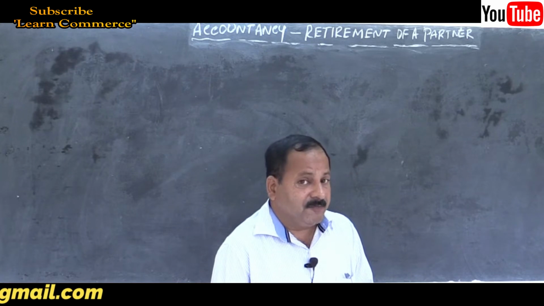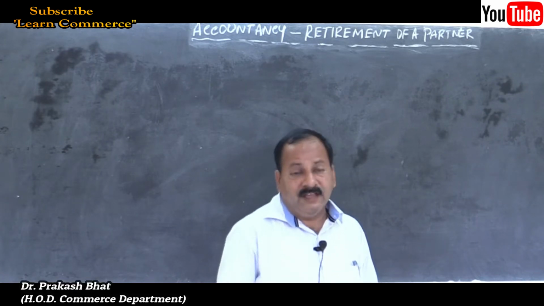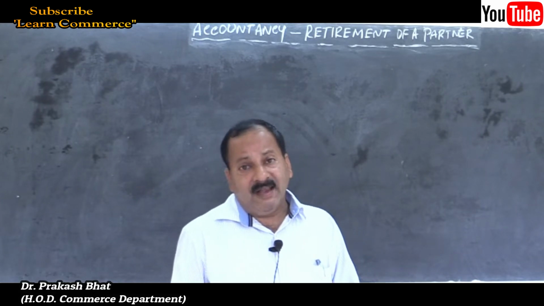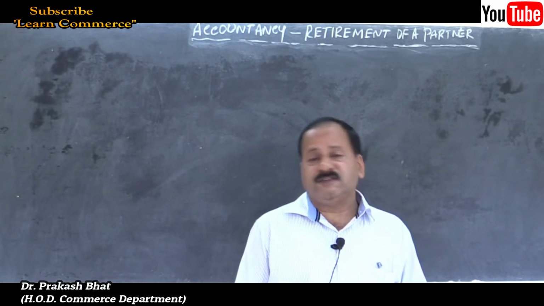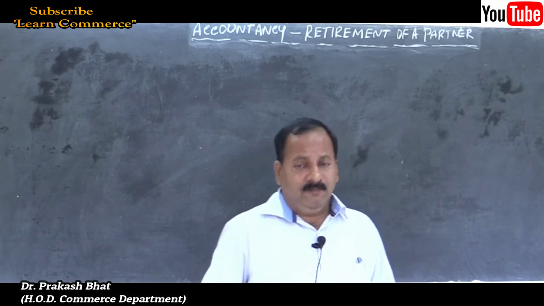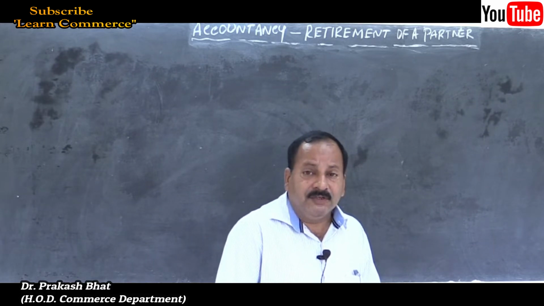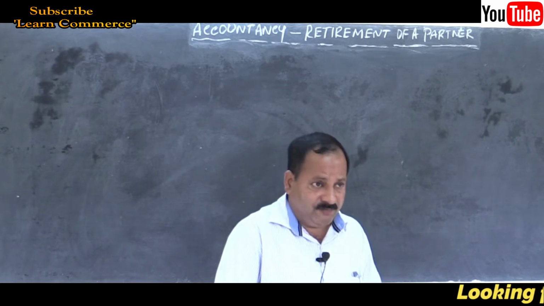If there is adjustment of capital in the problem, then you have to do it. Then you have to bring down the balances of continuing partners' capital accounts and retiring partner's balance amount should be transferred to his loan account if nothing is mentioned.